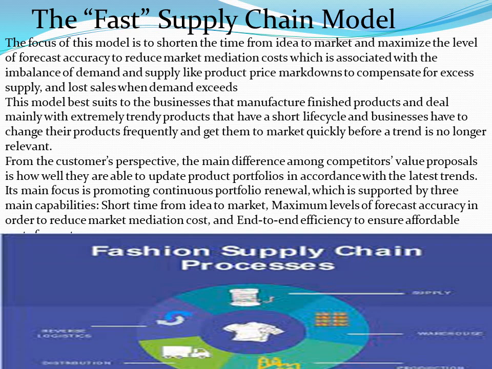This model best suits businesses that manufacture finished products and deal mainly with extremely trendy products that have a short life cycle, and businesses have to change their products frequently and get them to market quickly before a trend is no longer relevant.